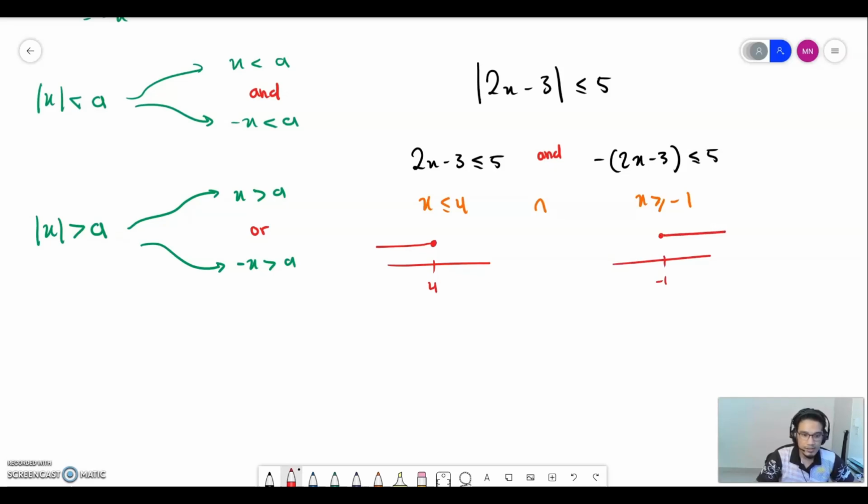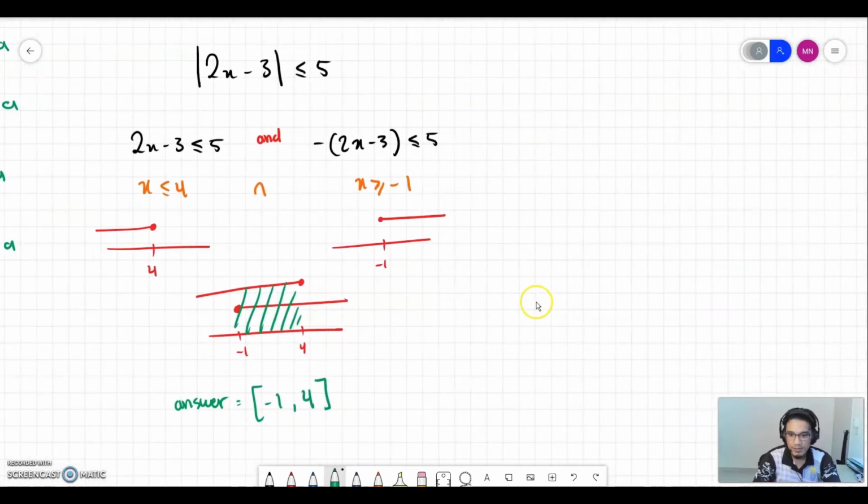When we bring these two together with the relationship of "and", we have negative 1 and 4, so it will be the intersection between these two points. So our answer will be from negative 1, sorry, must be a square bracket, negative 1 until 4.